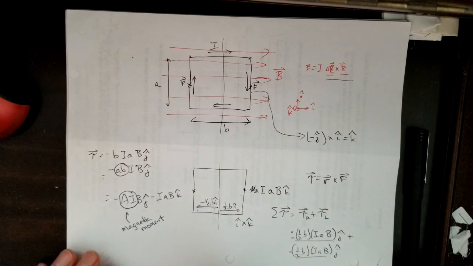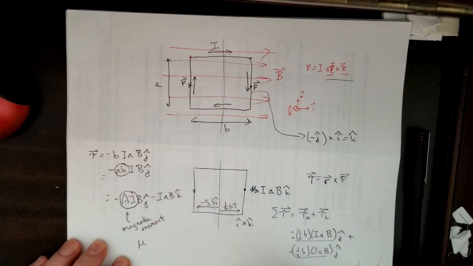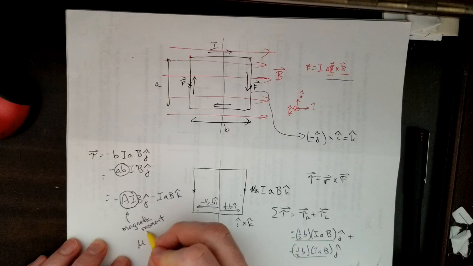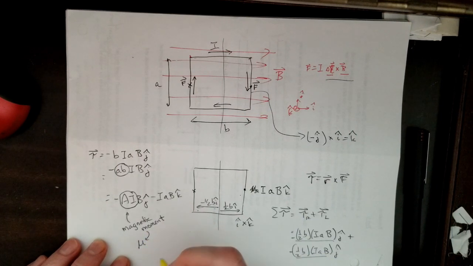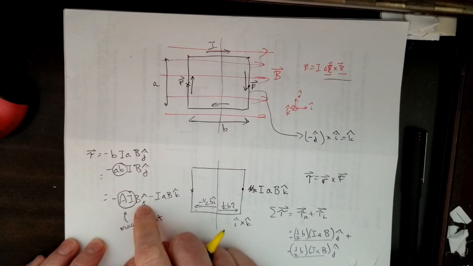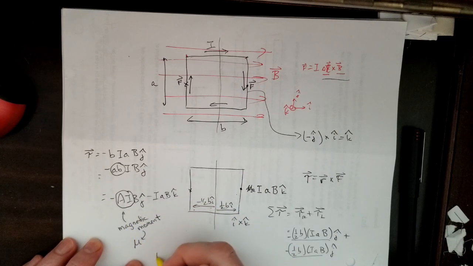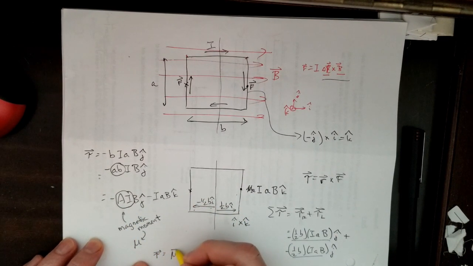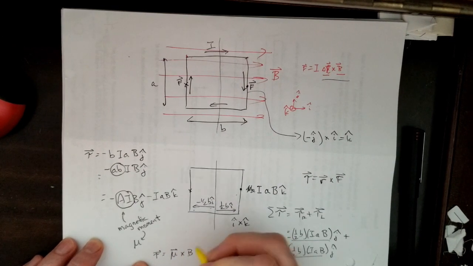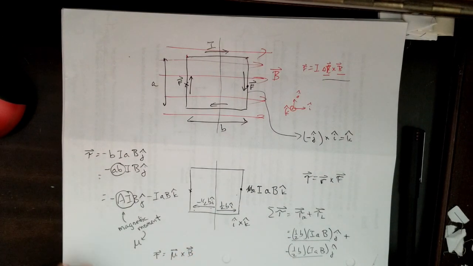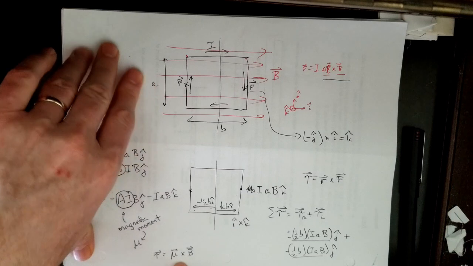And of course, what letter do they use? They use mu. And so we have mu times B, and we can generalize it that the torque is equal to mu cross B. The direction of mu is the direction of the magnetic field in the middle.